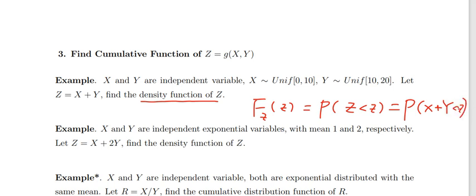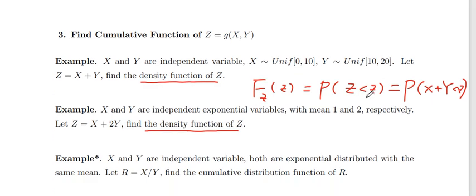Then regard this as a continuous function of z, then use the derivative, right? So we find the density function. Almost always use this way: find the cumulative function first.